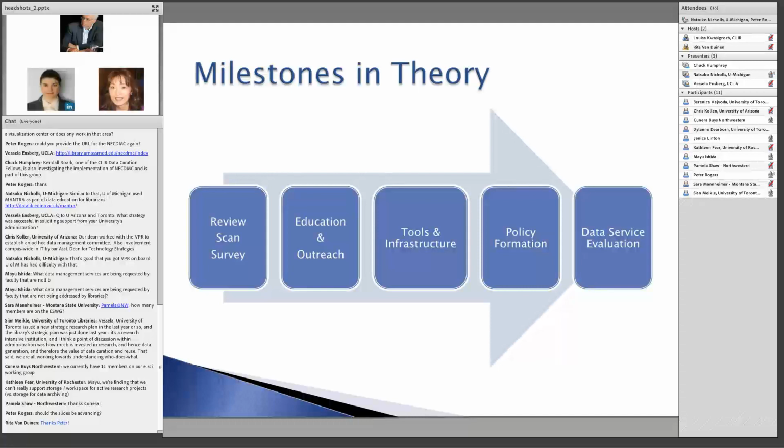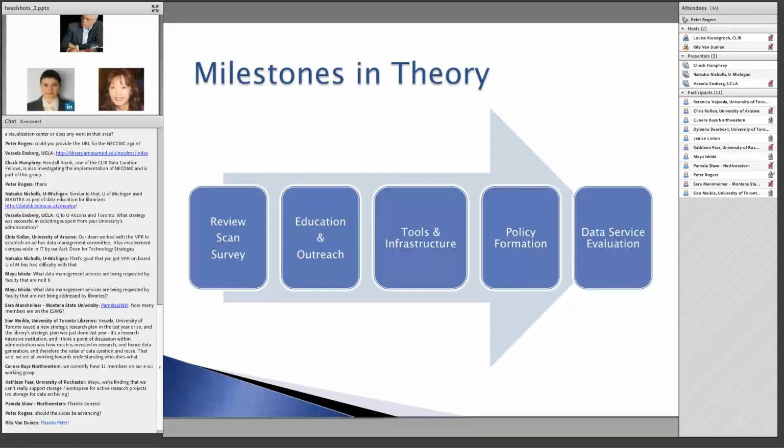The third component is tool and infrastructure development, to include tool selection and adoption, for example, the data repository platform, whether to build a data repository on Hydra or DSpace, or the introduction of a tool for data management, for example, the DMP tool, which is coming out in May. Some of the participating institutions already mentioned the DMP tool. So that's one of the things about the third component.